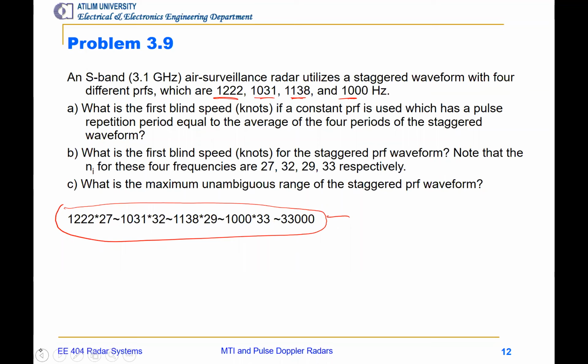It's easy for 250 and 1000, but if we take here, for example, 1022, 1031, and 1138 and 1000 hertz, it's quite complicated. You have to do some searching, and there may be some algorithms or simple search methods that you can develop.